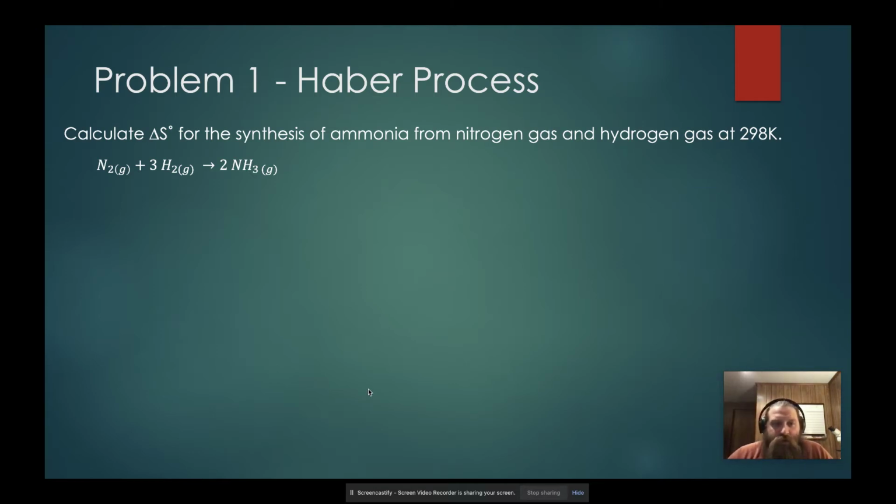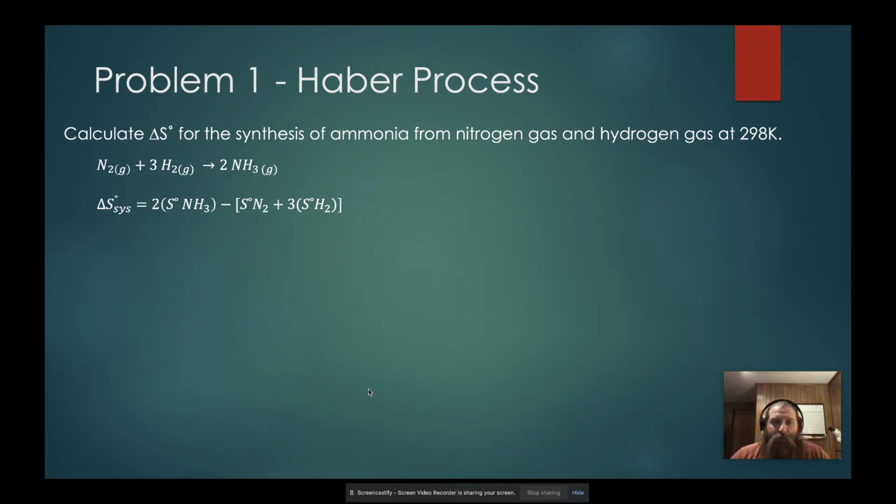And this question asks us to find the delta S, the change in the entropy, for the synthesis of ammonia through the Haber process at 298 Kelvin. Now, from the reading, from the lecture, from the textbook, we know that the delta S of the system is going to be equal to the sum of n times the entropy of the products minus the sum of the coefficients times the entropies of the reactants.